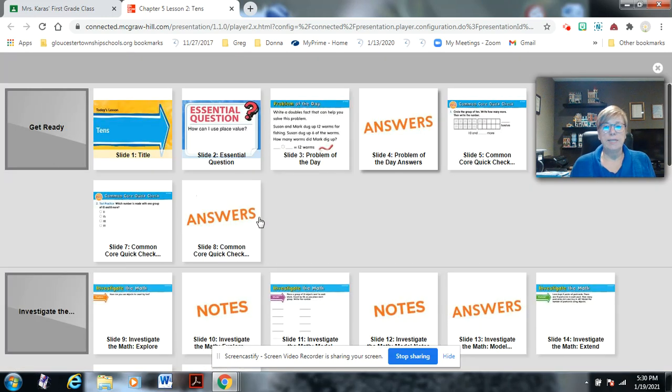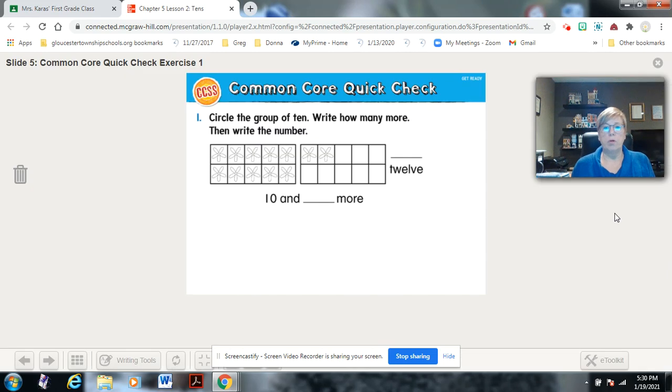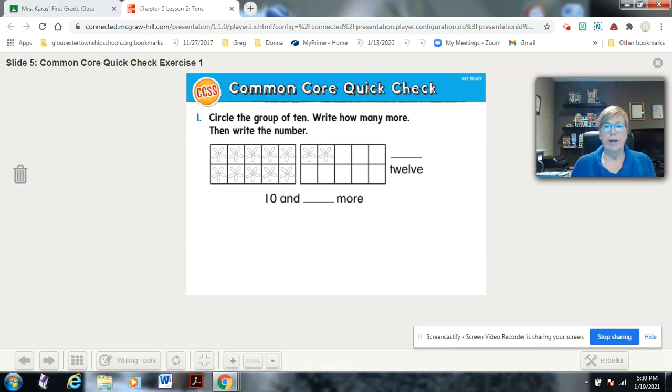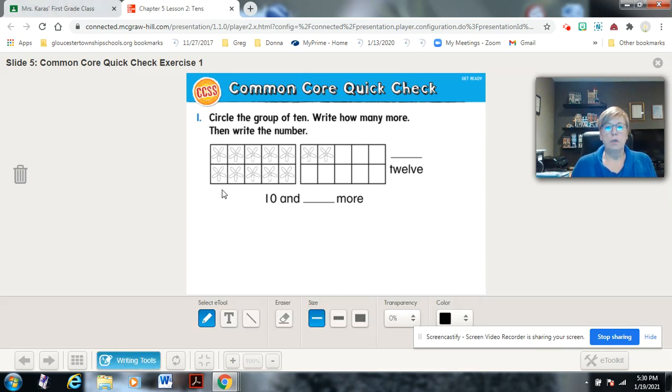All right, so let's look at our math question of the day here. This one, they want us to circle the group of 10, write how many more, and then write the number. We have already discussed how when you see a 10 frame filled, that automatically tells you that it is a group of 10.